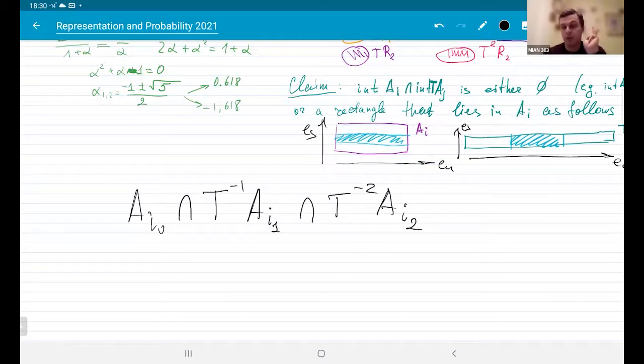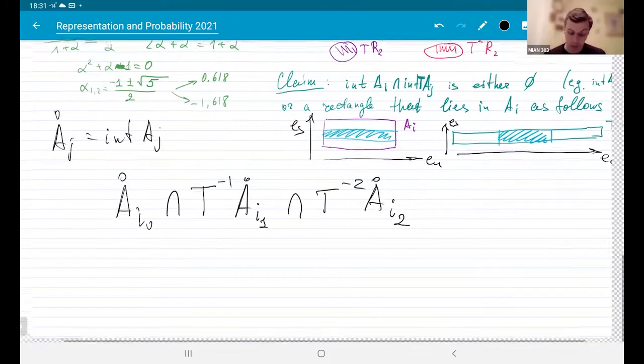So we have three states, I0, I1 and I2, and we want to consider this intersection. Of course, I intersect only the interiors. This is just the interior, just to write it down in a shorter way.